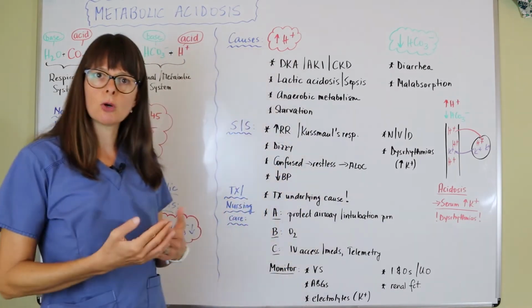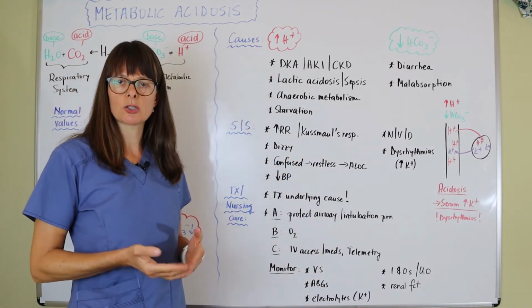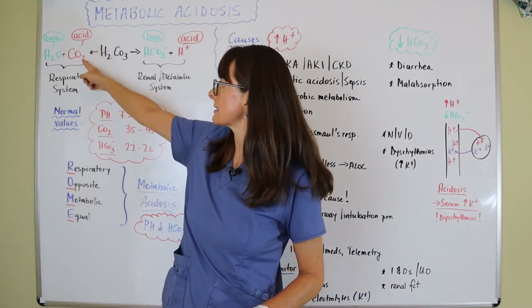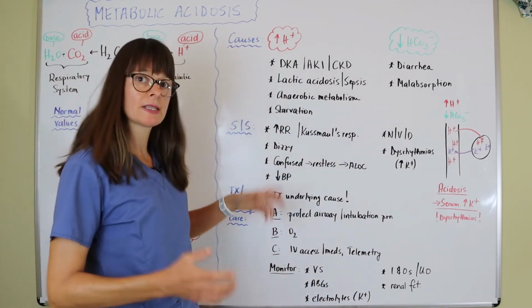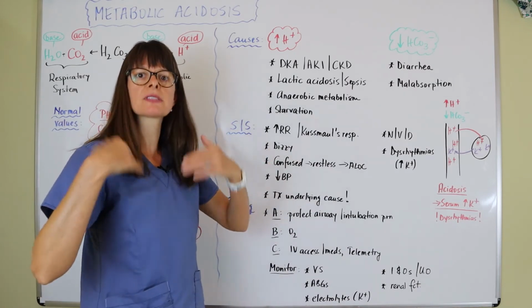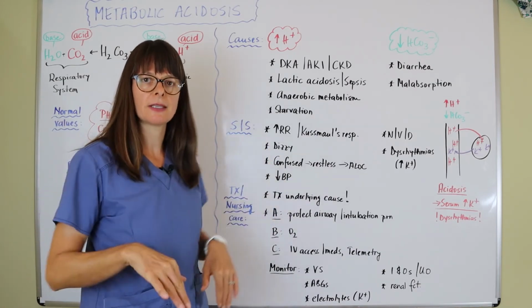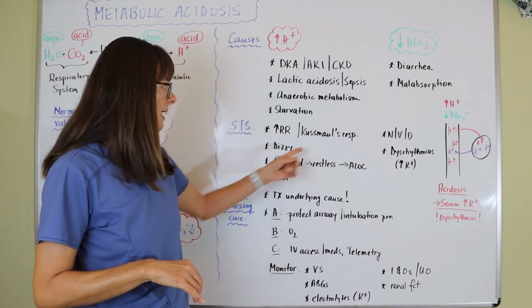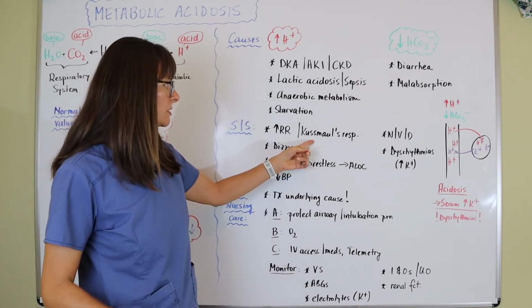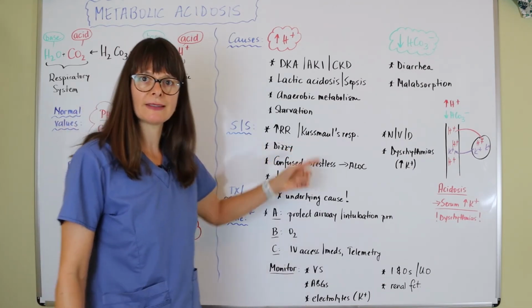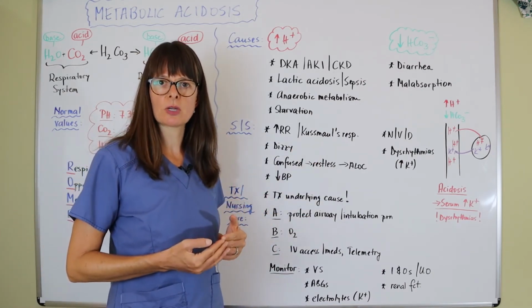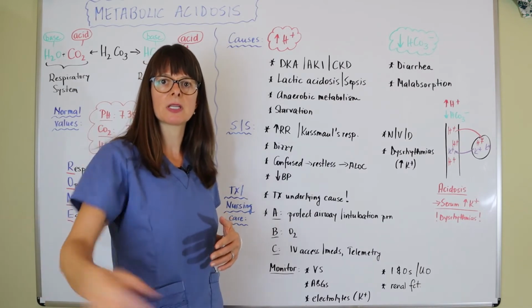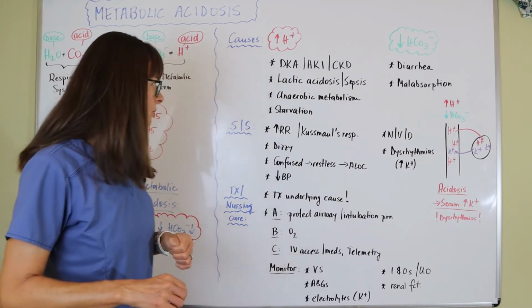When we have too much acid in the body, it tries to blow off the acid, the CO2, by increasing the respiratory rate and trying to get rid of some of that CO2, some of that acid that's been building up. Sometimes we also refer to this as Kussmaul respirations, and that is this kind of jagged pattern of a very fast respiratory rate that the patient is using to attempt to get rid of some of the CO2.